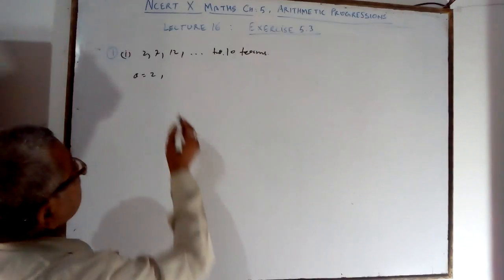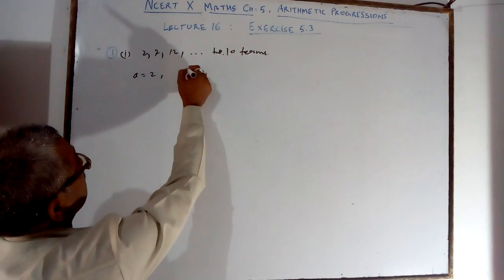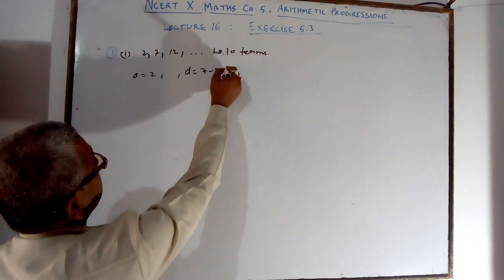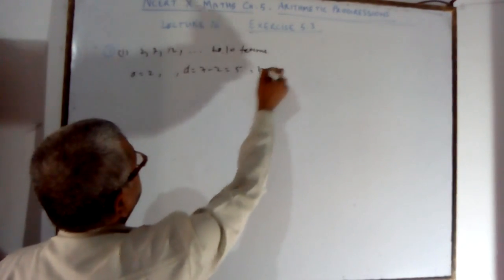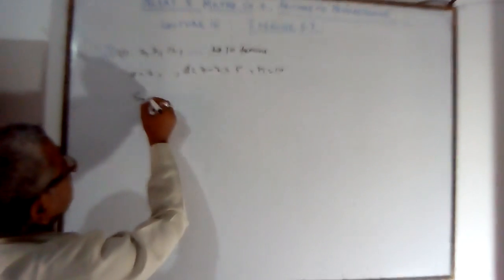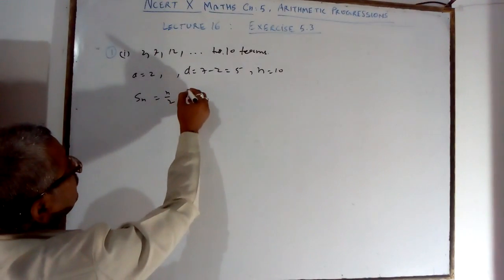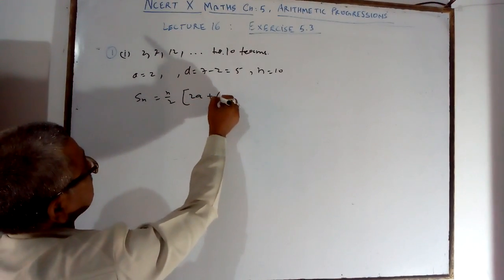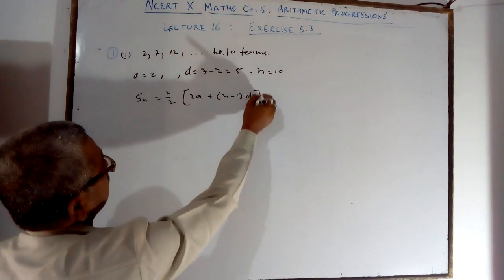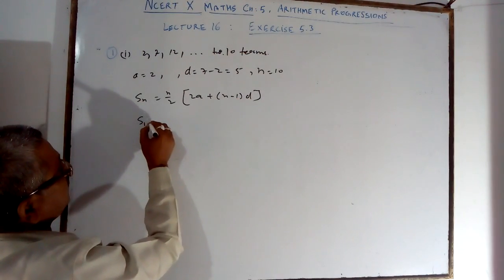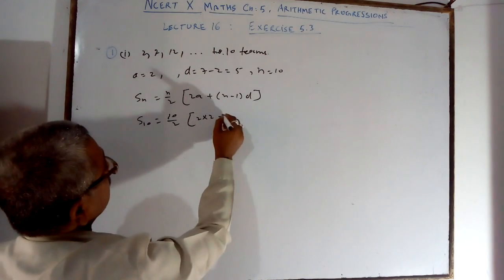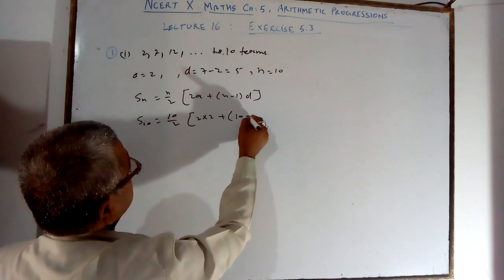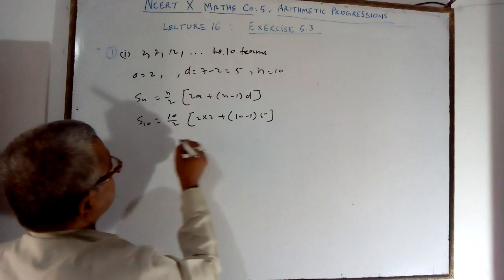Very simple. A is equal to 2. D is equal to 7 minus 2, which is 5. N is equal to 10. So Sn is equal to n by 2 times (2a plus (n minus 1) into d). Put the values. S10 is equal to 10 by 2 times (2 into 2 plus (10 minus 1) into 5).